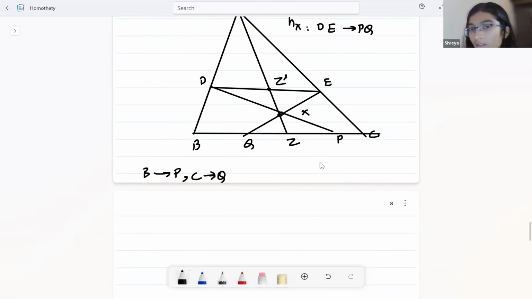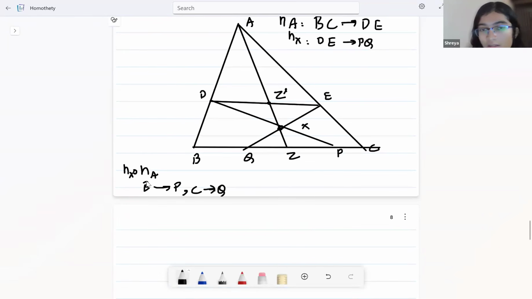So where does the center of the homothety need to lie? On BC. Yes, exactly. It lies on BC and it is the composition of these two homotheties, so it needs to lie on AX also. Oh, it's Z. Yes.